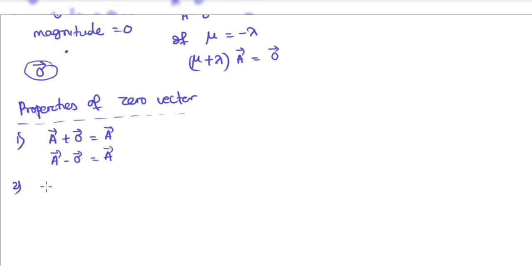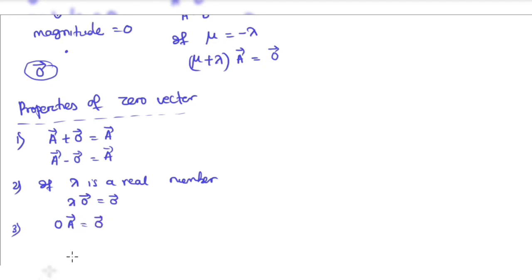Similarly, if lambda is a real number, and you multiply lambda with zero vector, then the answer will be a zero vector. Next property is, if you multiply 0 with any vector, then you will get zero vector.